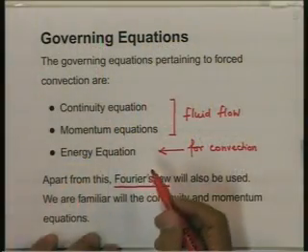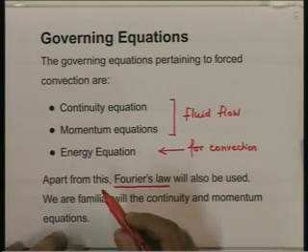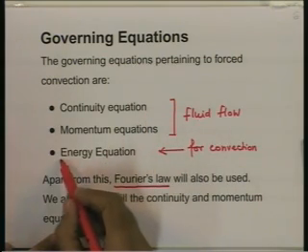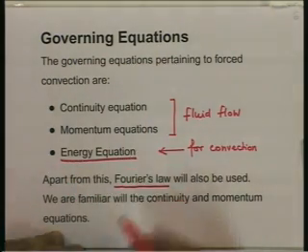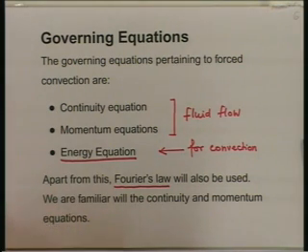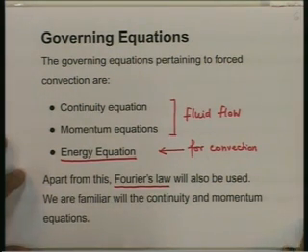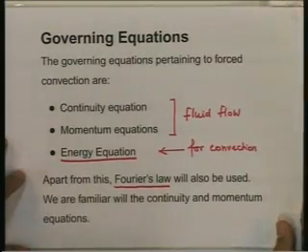We have to relate heat fluxes to temperatures and temperature gradients by using Fourier's law. So the equations for fluid flow use the continuity equation and momentum equations. The additional equations used are the energy equation and Fourier's law of heat conduction. Since we have studied the continuity equation and the momentum equations already, let us look at the energy equation.